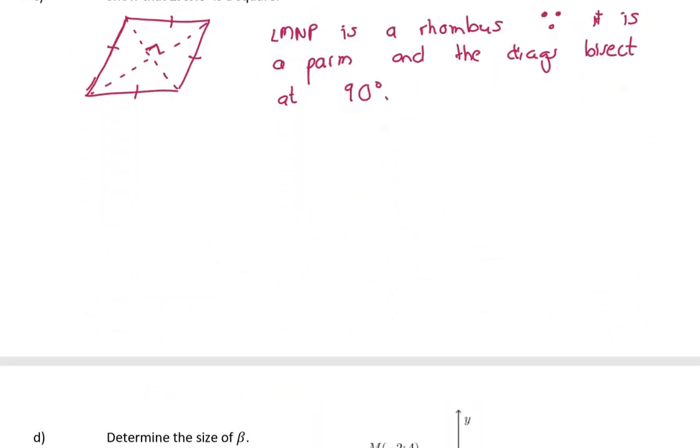So if I looked at the distance from M to P, again we don't necessarily show the formula, so that would be -2 minus 4 squared and 4 minus 0 squared. We don't show any working. We literally just pick up the calculator, plug those things in, and I get 2 root 13.